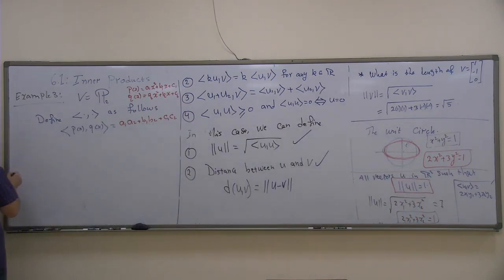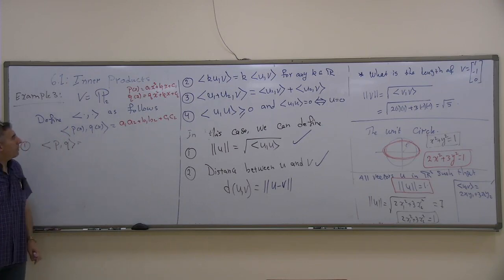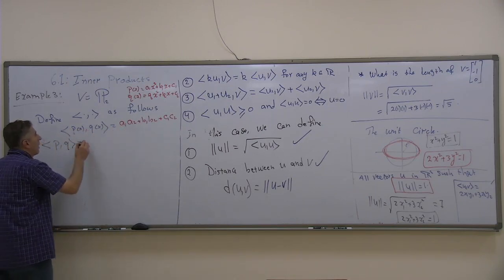Condition 1: if you take the inner product of P and Q, this is the same as that of Q and P. Do I need to write something here or is it clear? Let me write it.